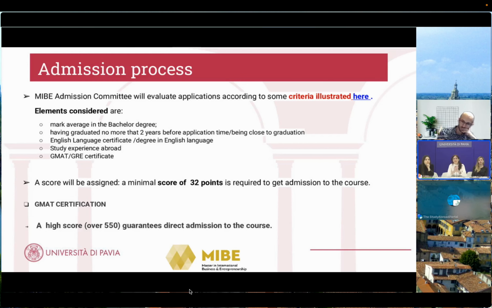We also look at their CV, and if we see some interesting elements on top of the elements listed above, we give them a chance of an interview. So don't worry if you don't fully reach the number of points, because there may be the chance of an interview as well.